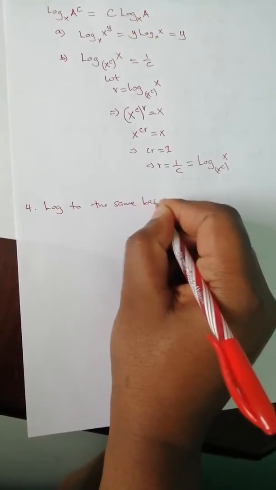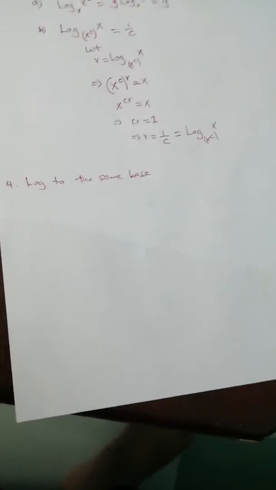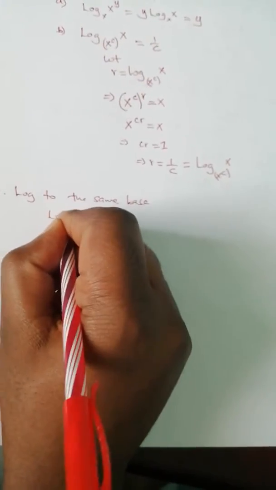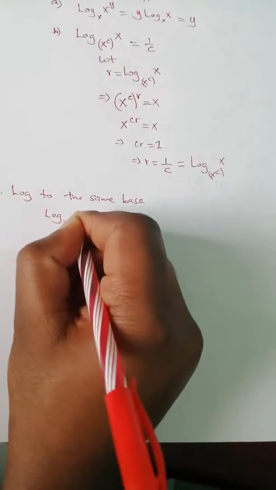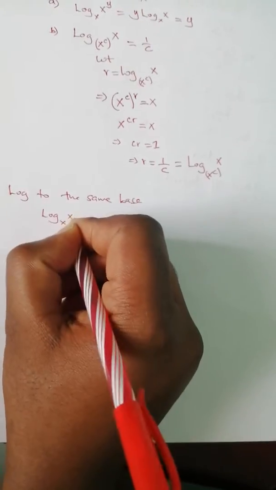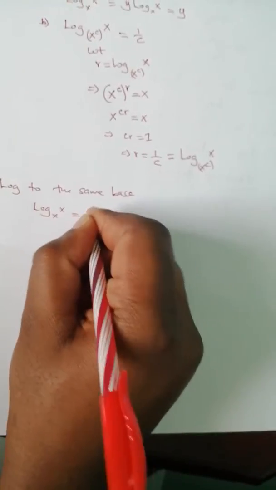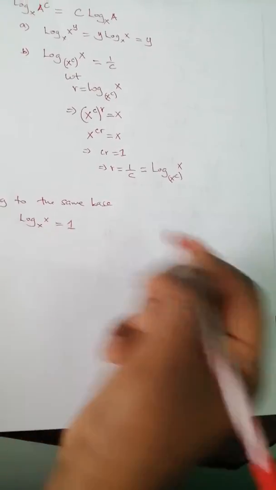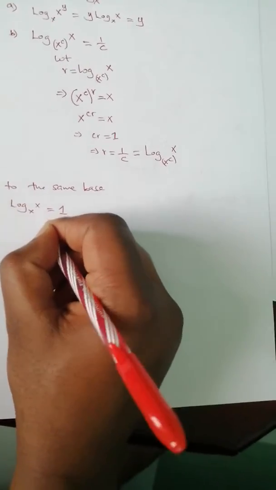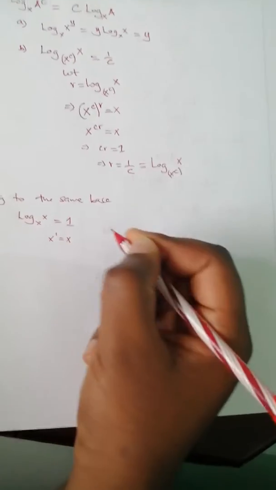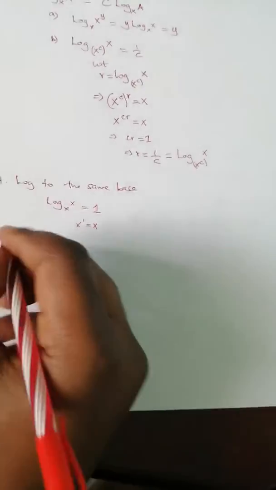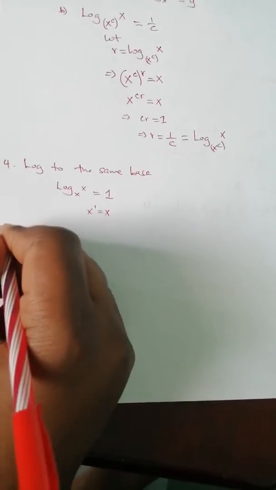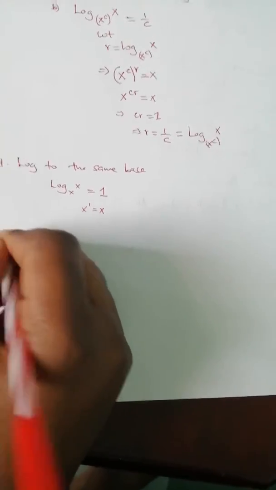That's very simple. It states that log x to base x is always equal to 1. That is very clear because it implies that x raised to 1 is equal to x, and that is very clear and very simple.